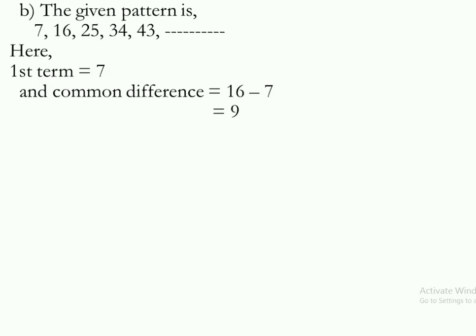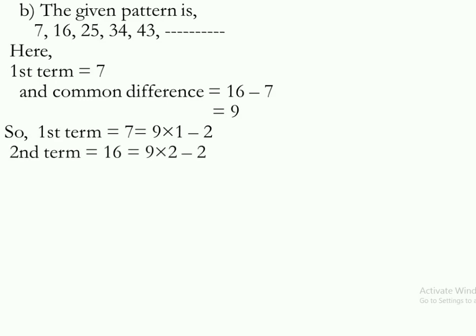As earlier we have solved this type of problem. Now the first number, that is 7, can be expressed in terms of 9 like this: 9 ones are 9, minus 2 becomes 7. The second term, which is 16, can be expressed by 9 twos are 18, minus 2.